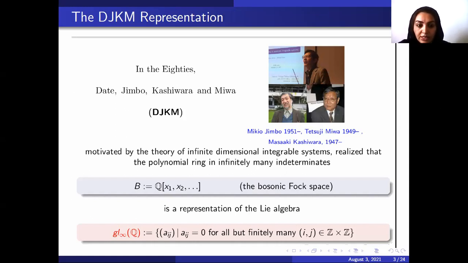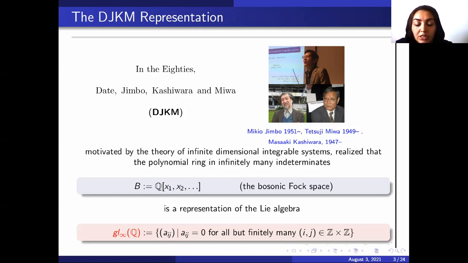In 1981, working on a completely different subject, they realized that the polynomial ring in infinitely many indeterminates, which is called the bosonic Fock space, is a representation of a Lie algebra, but which Lie algebra?